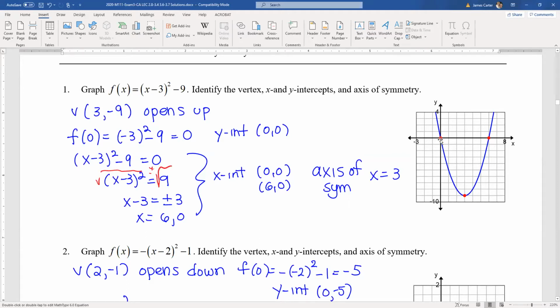The y-intercept and the x-intercept are one and the same in this case. We said the axis of symmetry was here, which is where x is 1, 2, 3. Where did we get that? This value, opposite of sign.